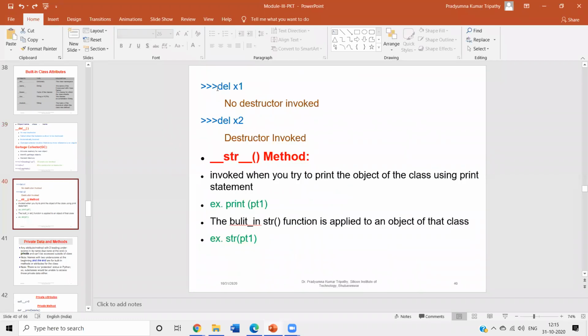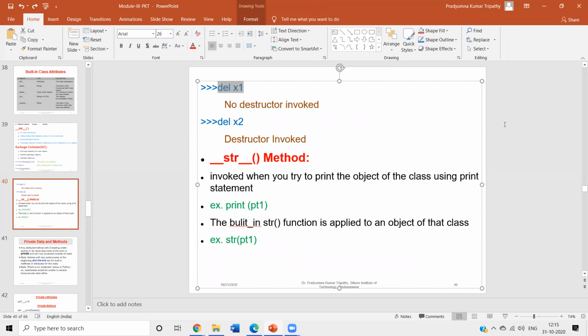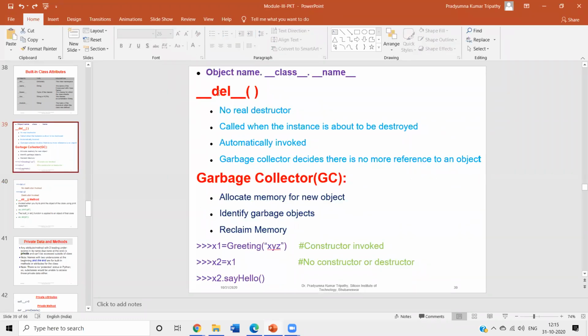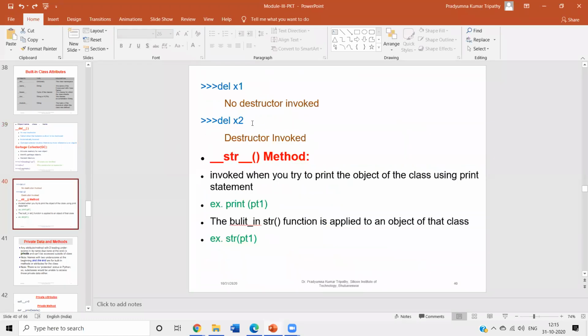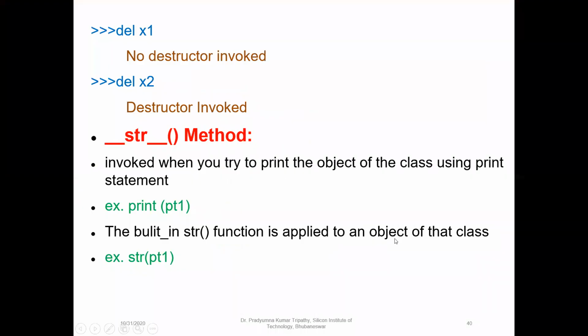Now delete x1 will not call the del function, because x2 is still pointing to that location. But the moment you write delete x2, no pointer is pointing to that memory location, so it must be deleted, and automatically the del function is invoked. We say destructor, but there is only a del function; there is no destructor over there.